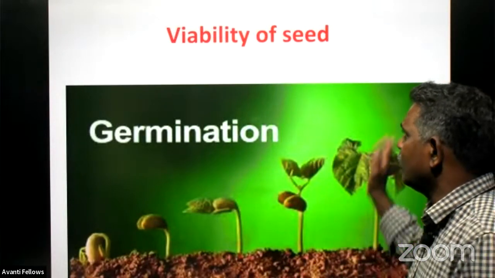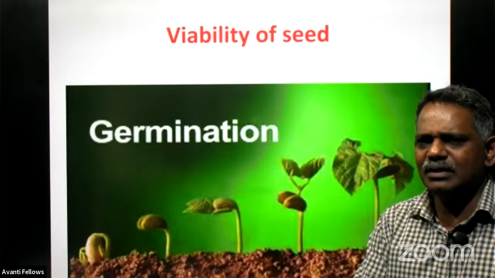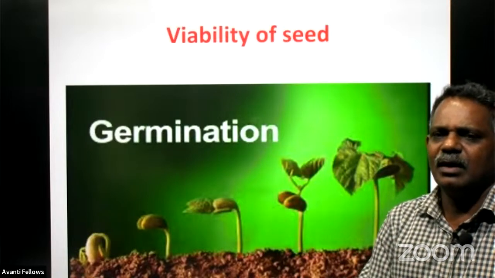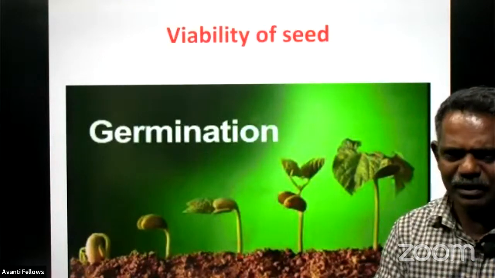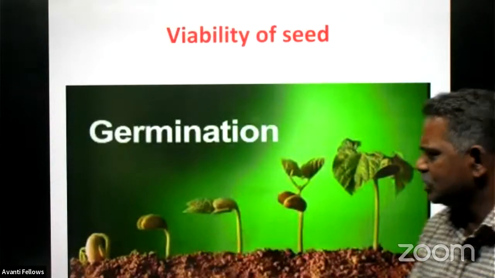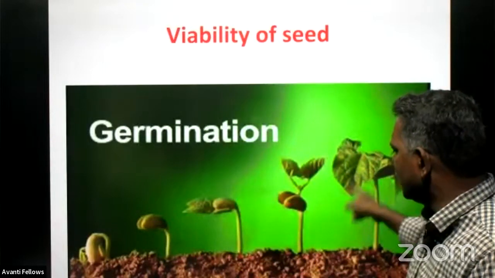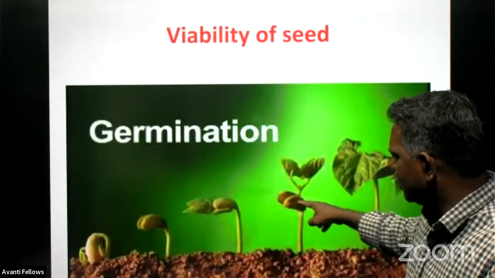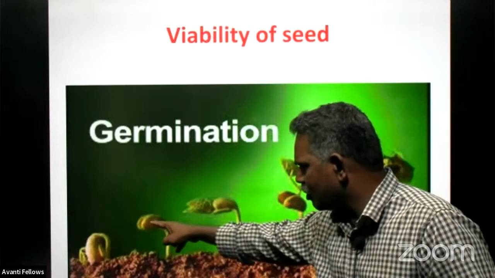Then come to the viability of the seed. For every seed, there is a period of development that we call viability. After that viability, it never sprouts to become a plantlet. So the seed goes for germination and develops into a plantlet. And these are the cotyledons. You can find two structures here, and this structure is called a cotyledon.